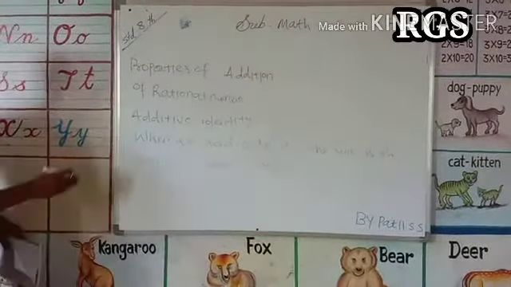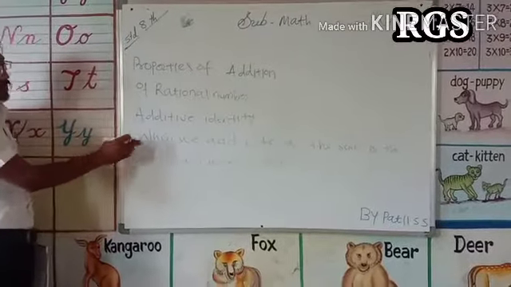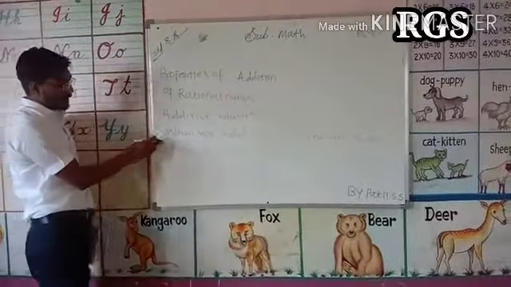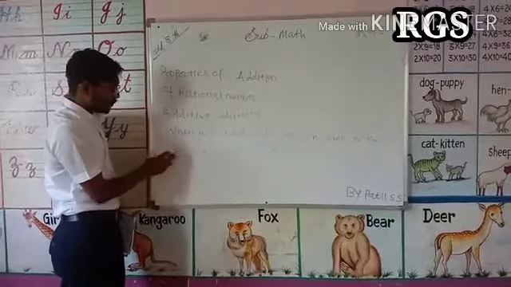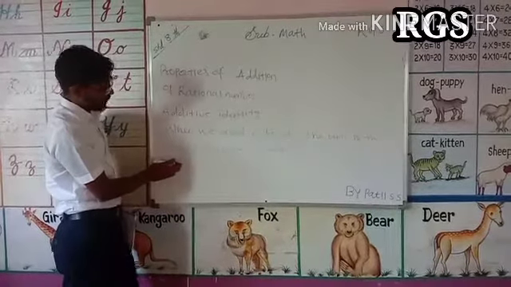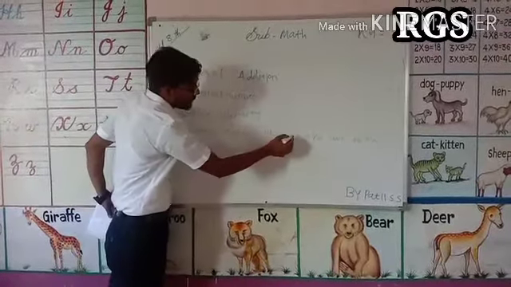What this additive identity says is, when we add 0 to any rational number a, then the sum or the solution which we have is the rational number itself, which is a.